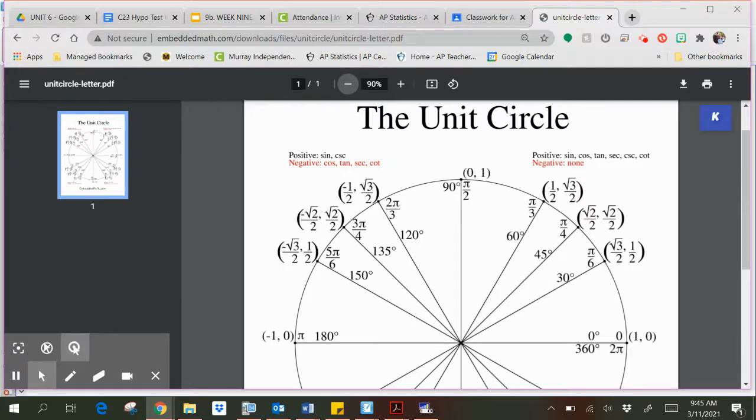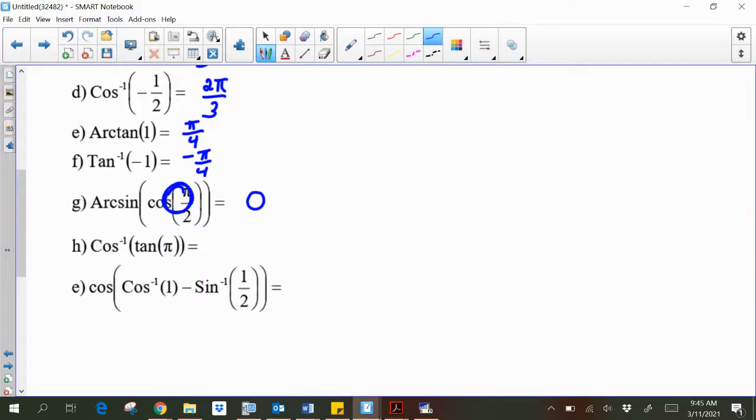So where's the y-coordinate 0? So it's at 0, pi, and 2 pi, right? And the only one of those numbers that's between negative pi over 2 and pi over 2 is 0. Yep.